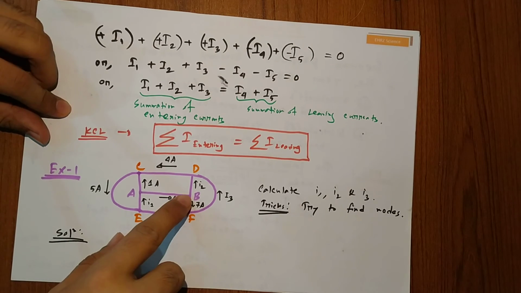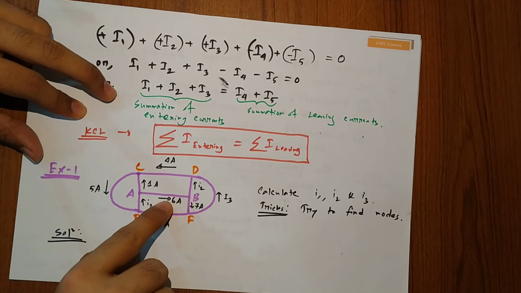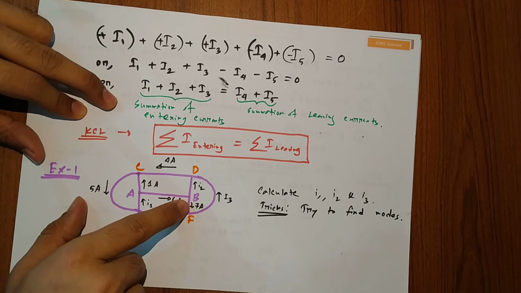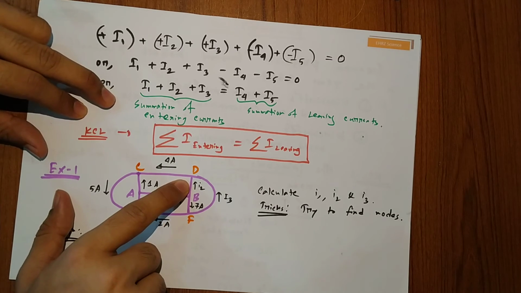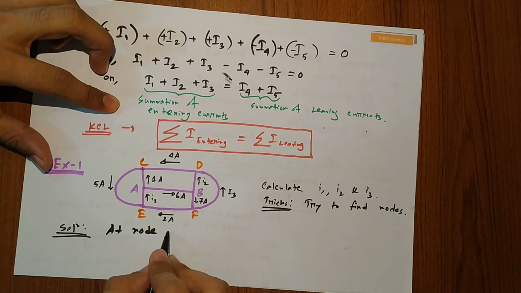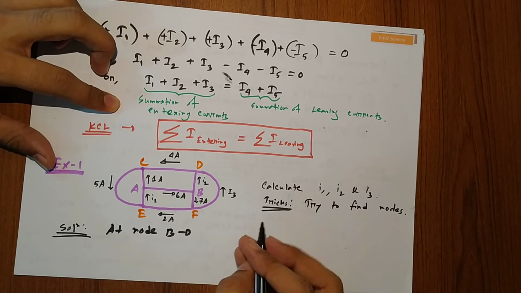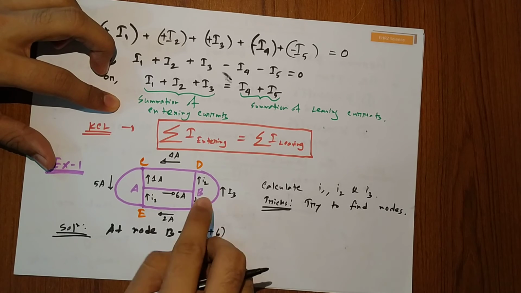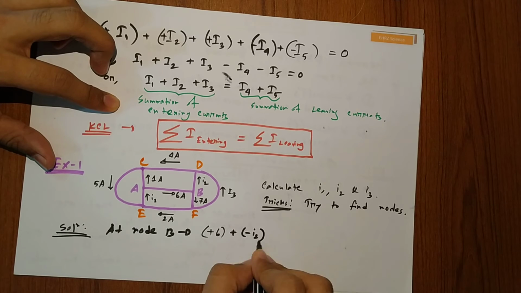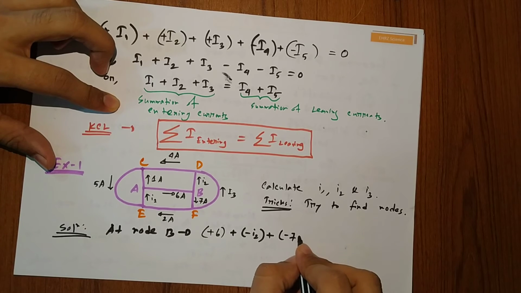Students, see at node B, 6 ampere current is entering this node, 7 ampere current is leaving, as well as I2 current. So at node B, 6 ampere current is entering, so this is positive 6. I2 current is leaving, so this is minus I2. 7 ampere current is also leaving, so this is minus 7.